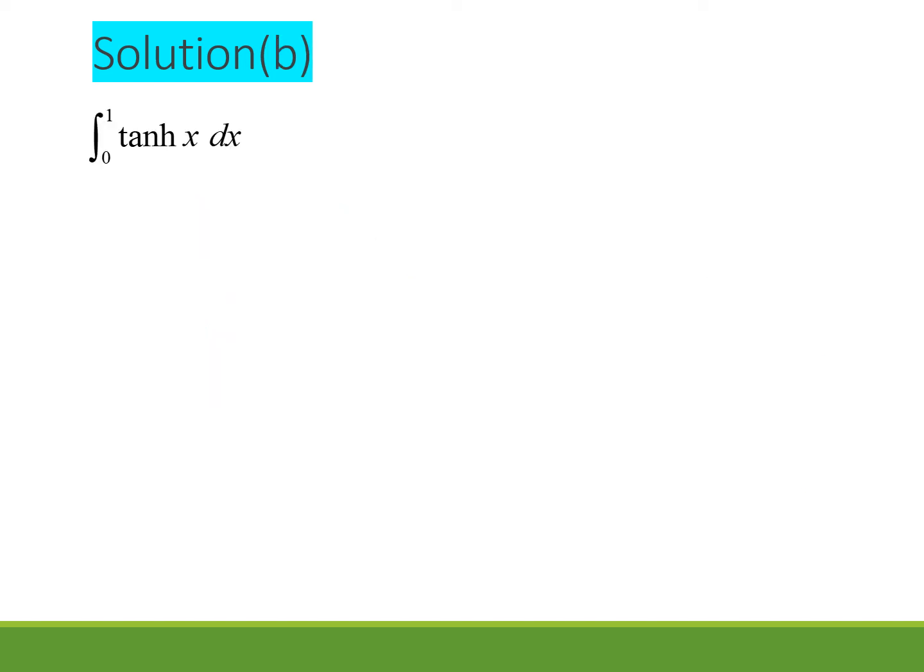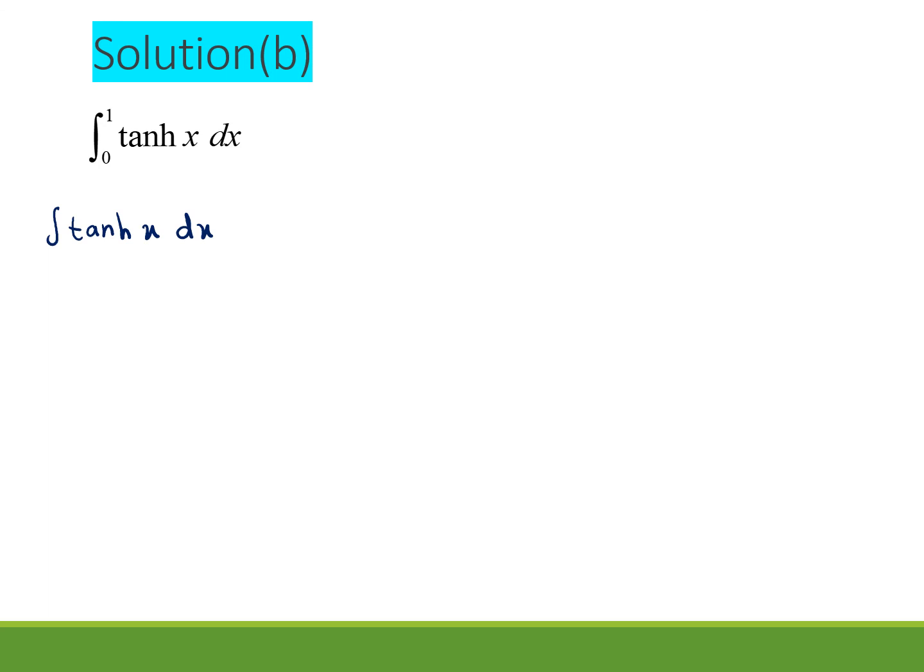So this is the last question. Now we want to find the integration of tanh x, where the interval is from 0 up to 1. If you refer to the formula, there is no formula for the integral of tanh x dx.